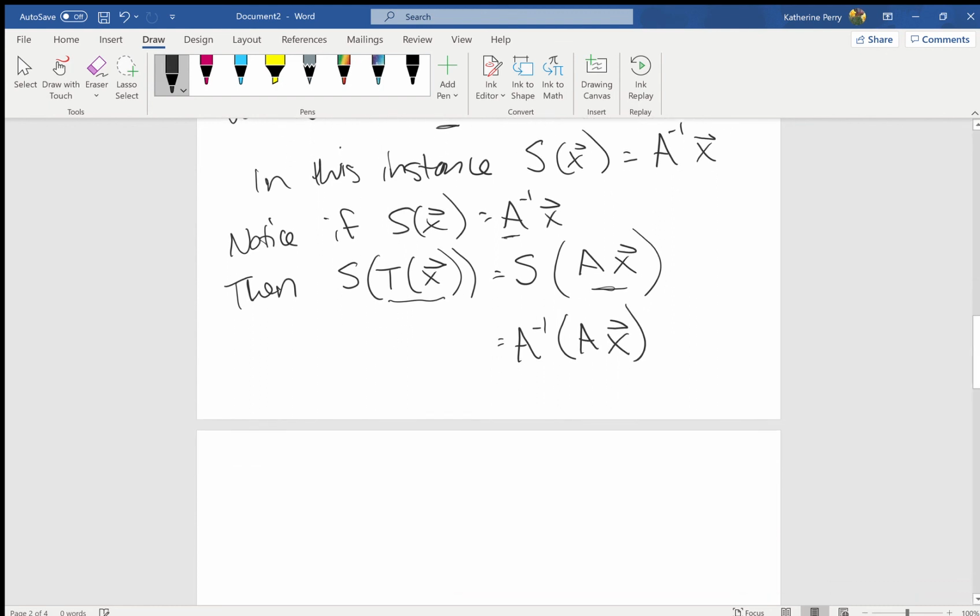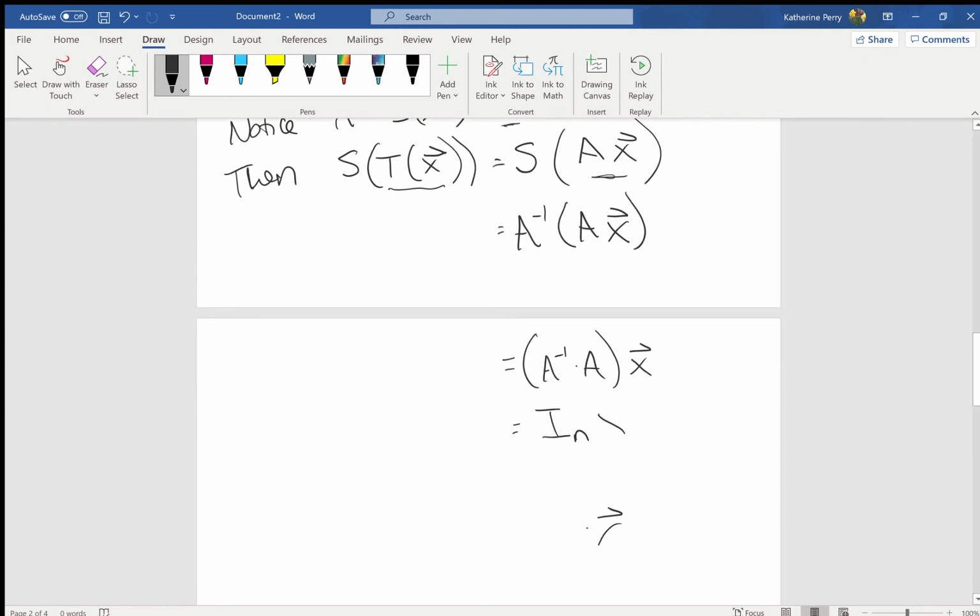But we know that matrix multiplication has this associativity property, which tells me that I can do A inverse times A first and then multiply it by x. But by definition, we know this is the identity, and I multiply it by x.